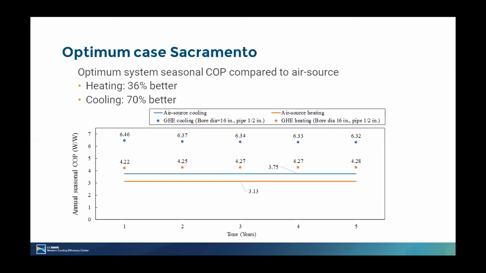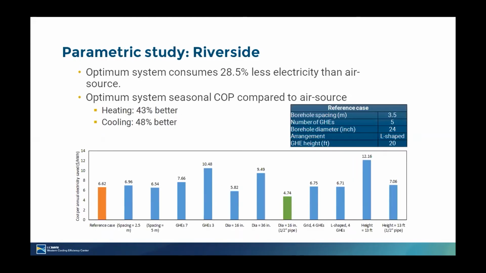And we see that the optimum system seasonal COP is 36% better than the air source case in heating and 70% better in cooling.